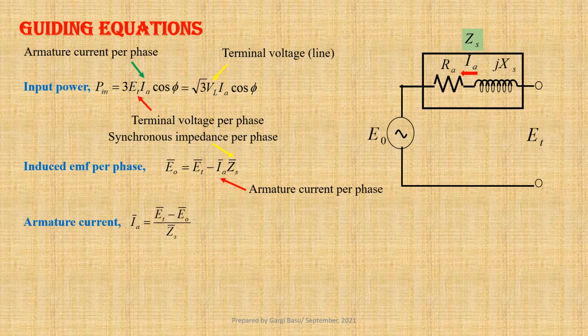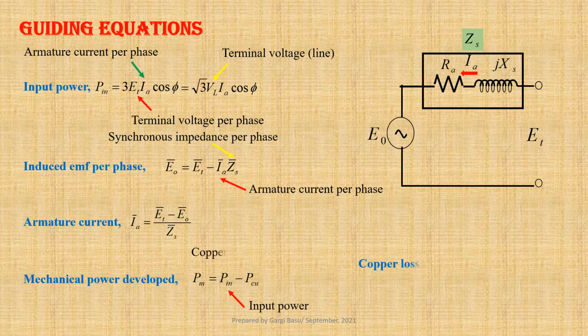If we subtract armature copper loss from input power, we get the expression for mechanical power developed. Pm equals Pin minus P copper, where Pin is the input power and P copper is the armature copper loss.